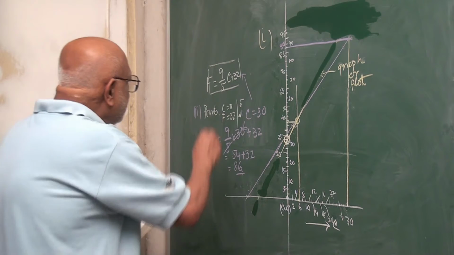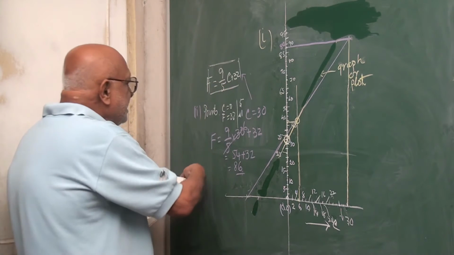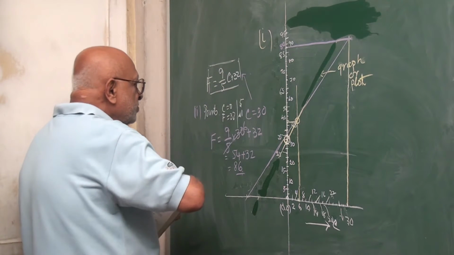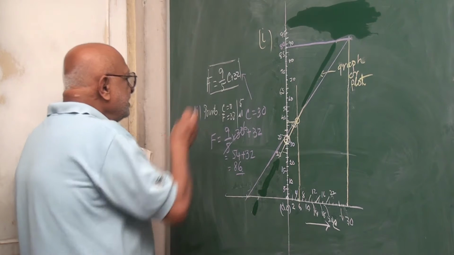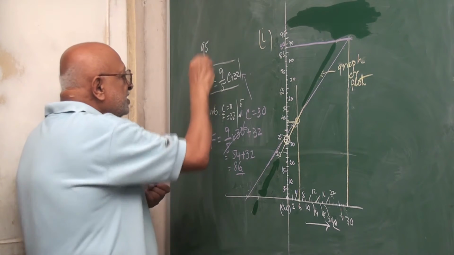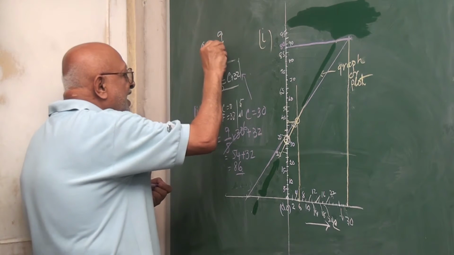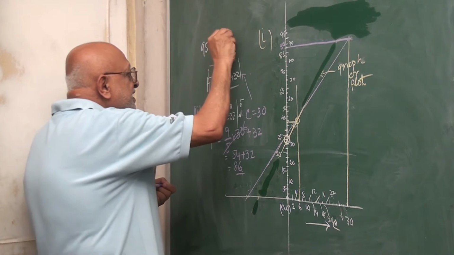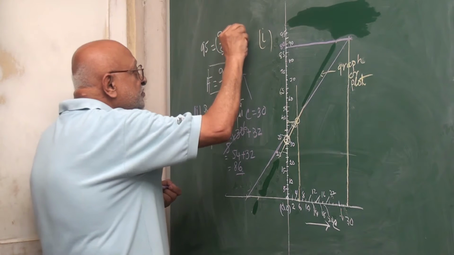So here I will put 95, right? So this should be equal to 95 Fahrenheit. So this is 9 by 5 C plus 32.